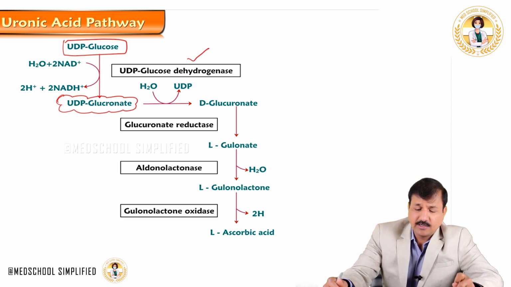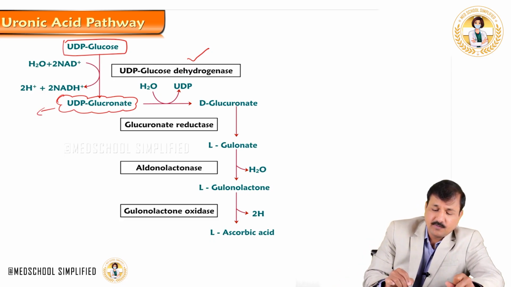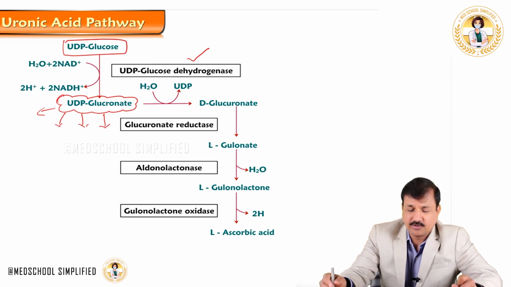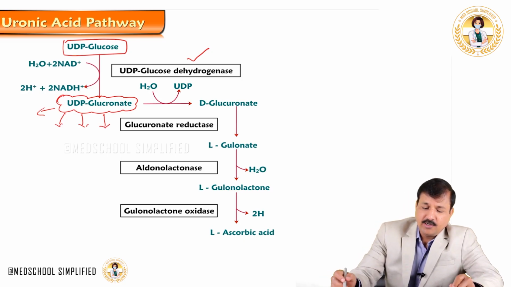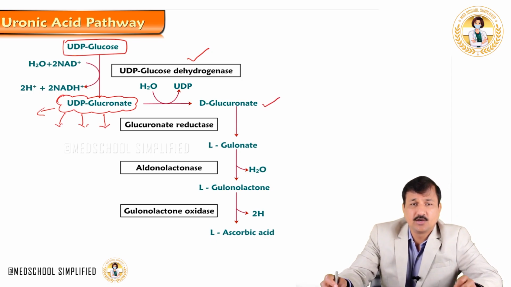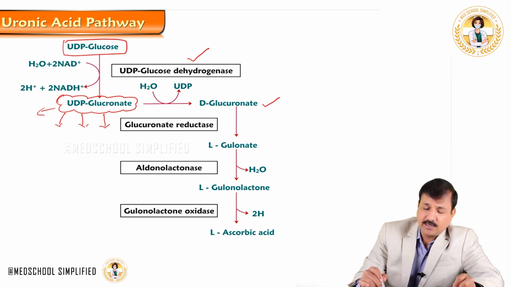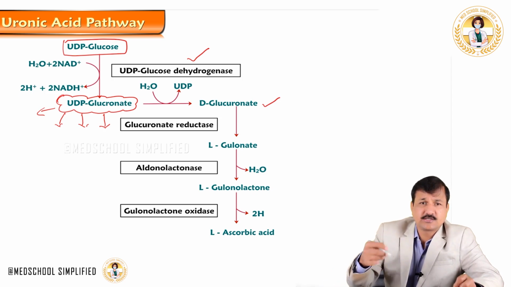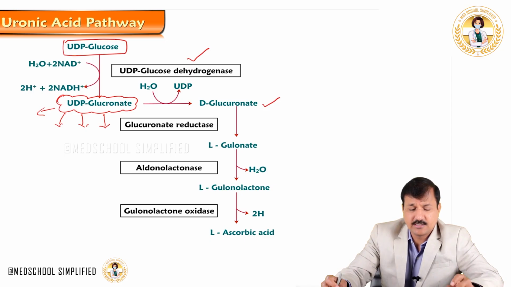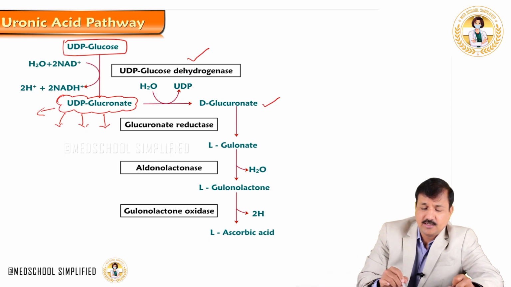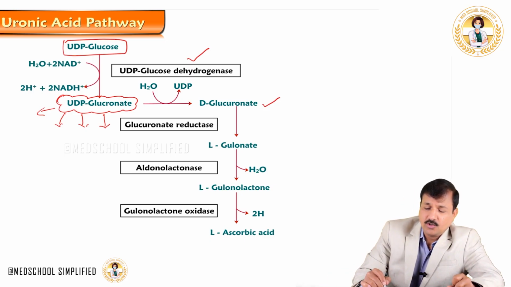Now the UDP-glucuronate can go into a variety of biological reactions as I have shown you before. UDP-glucuronate can also be converted into glucuronate, and then the unutilized UDP-glucuronate goes into glucuronate formation.